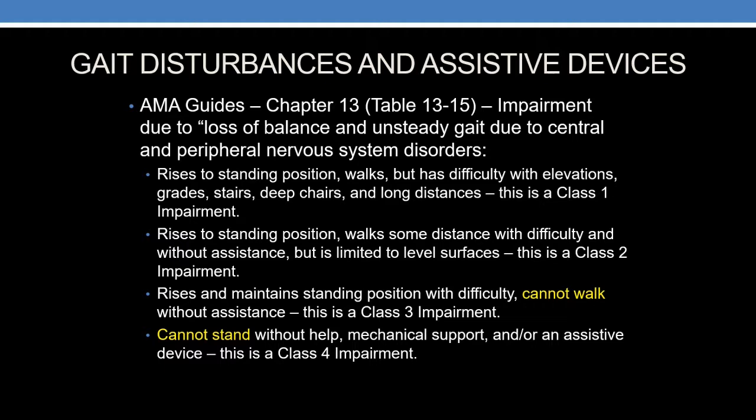So, for example, a Class 1 impairment in Chapter 13, Table 13-15 is a person who's able to rise to a standing position. They're able to walk, but they have difficulty with elevations, grades, stairs, deep chairs, and long distances. So this is a Class 1 impairment.